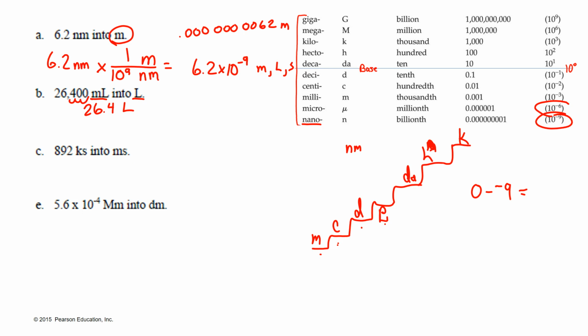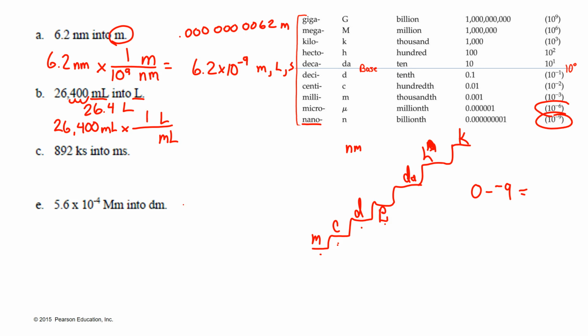All right. But mathematically, I want to show you how it gets there based off of those exponents. So again, I'm setting this up: 26,400 milliliters. I'm going to put milliliters on the bottom because that's what I'm canceling, liters on the top. Which of the two is the larger unit? Liters. So liters gets the 1.